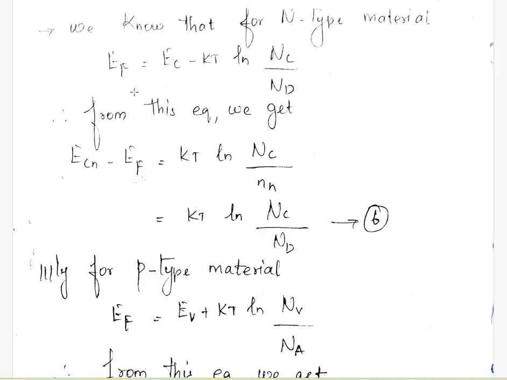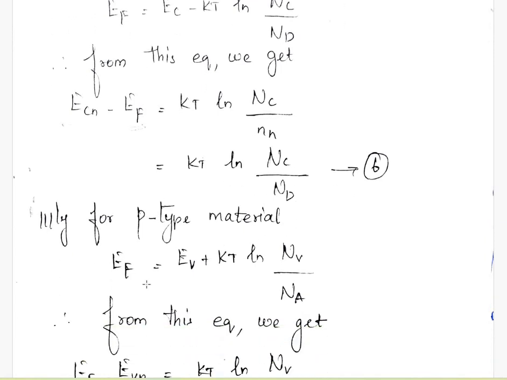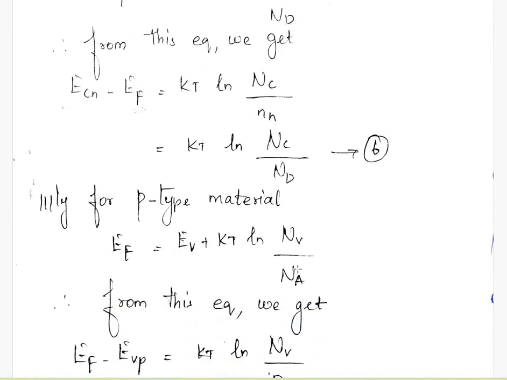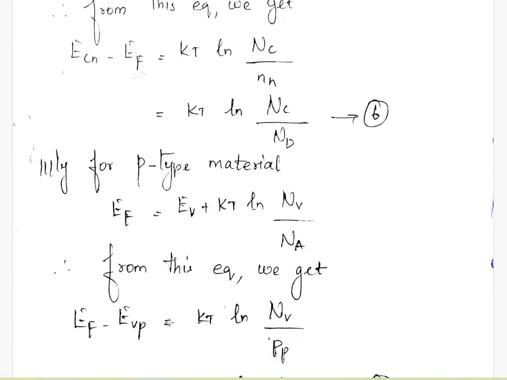For N type material, EF is Ec minus KT ln Nc by Nd. So ECN minus EF equals KT ln Nc by Nn, which equals KT ln Nc by Nd. Similarly for P type, EF equals EV plus KT ln Nv by Na, and EF minus EVP is KT ln Nv by Pp.